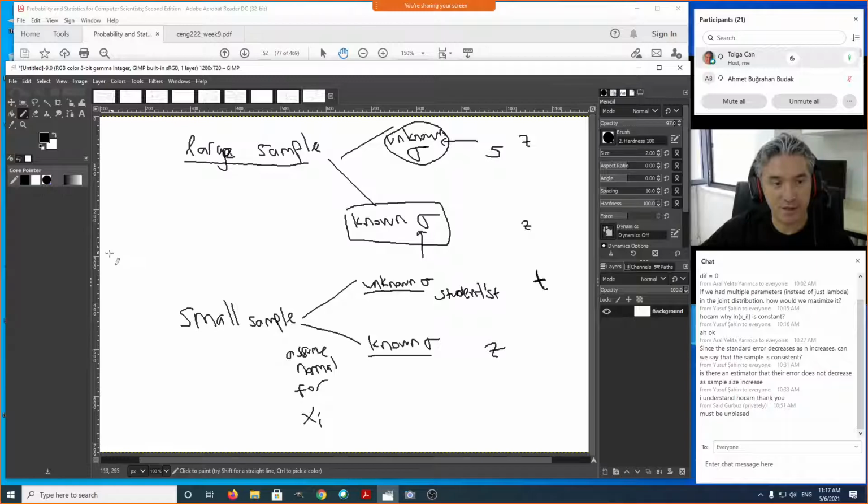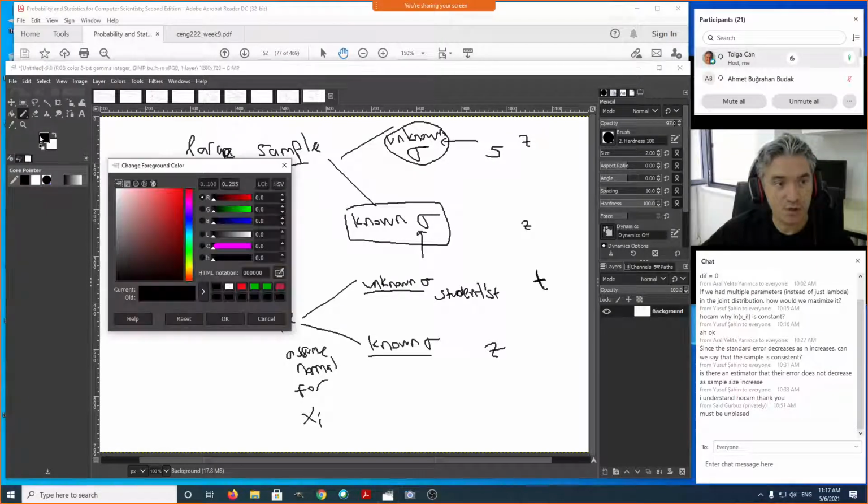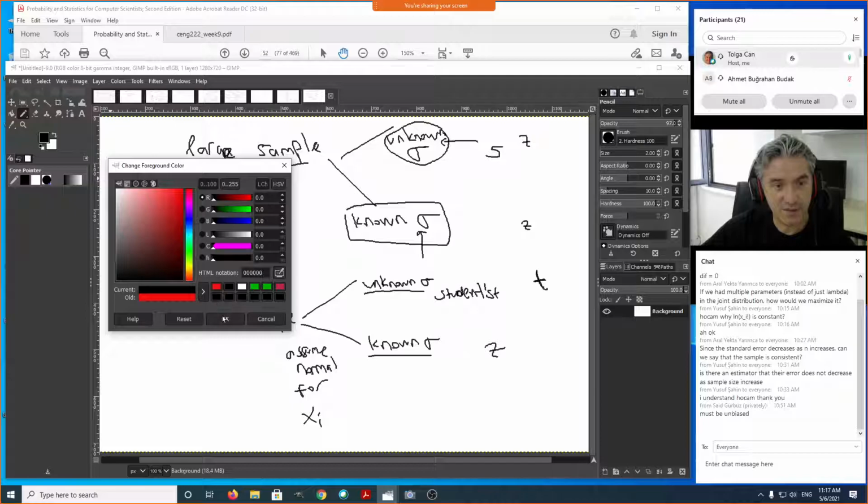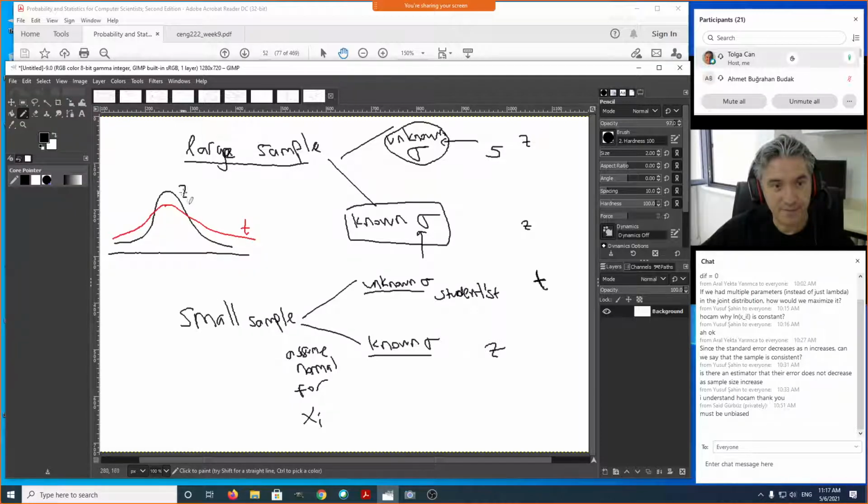If this is, for example, a normal distribution, Student's t is going to look something like this. So this one is t, and the other one is z.